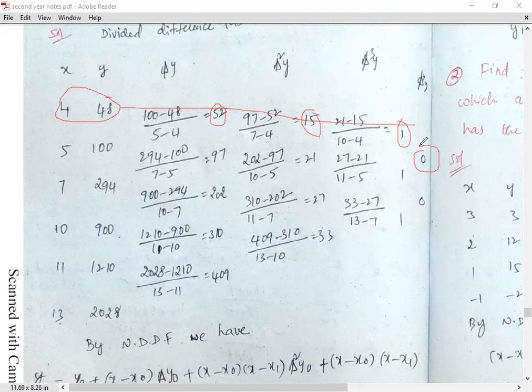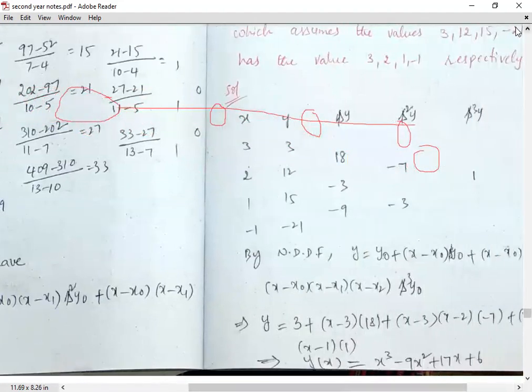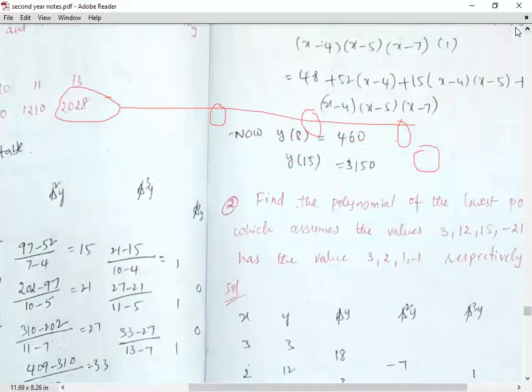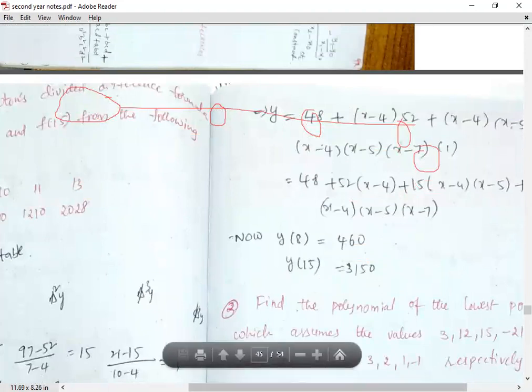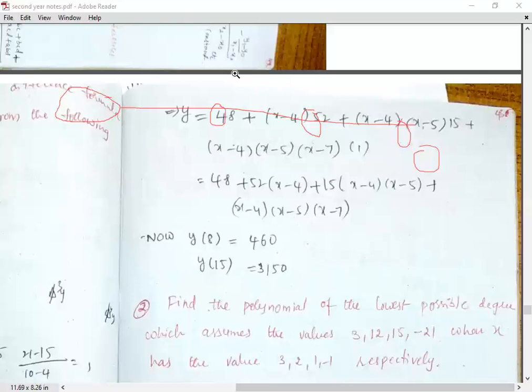Using all these values in the formula and simplifying, we got the polynomial as 48 plus 52 into x minus 4 plus 15 into x minus 4 into x minus 5 plus x minus 4 into x minus 5 into x minus 7.